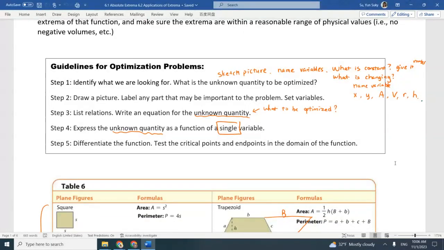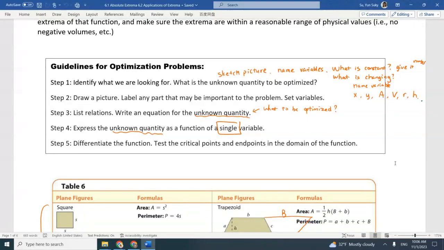Just use a constant. And the reason why is because in the next steps, you want to find the maximum or minimum. That means you want to take the derivative, right? You're only able to take the derivative of a function with one variable. Can you differentiate a function with multiple variables? No, not in Applied Cal 1. In Applied Cal 2, we'll talk about that.